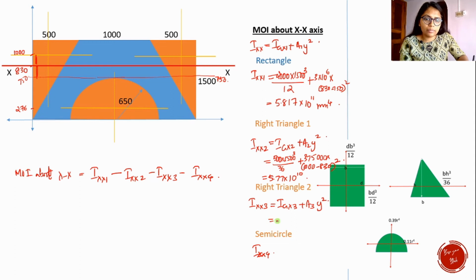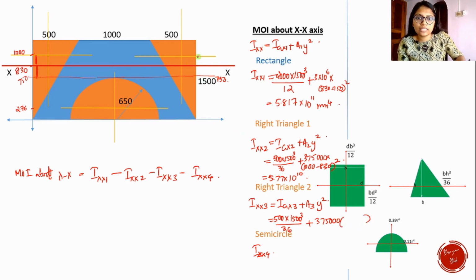Igx3 value is the same because base and height remain the same for this triangle 2. So it is the same, that is 500 into 1500 cube divided by 36, plus area is also the same, 375,000, and again the distance of separation between this yellow axis and red axis.